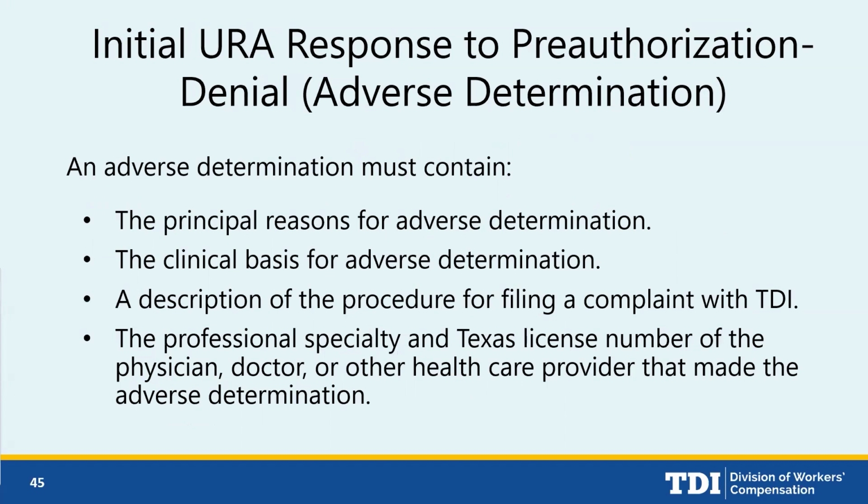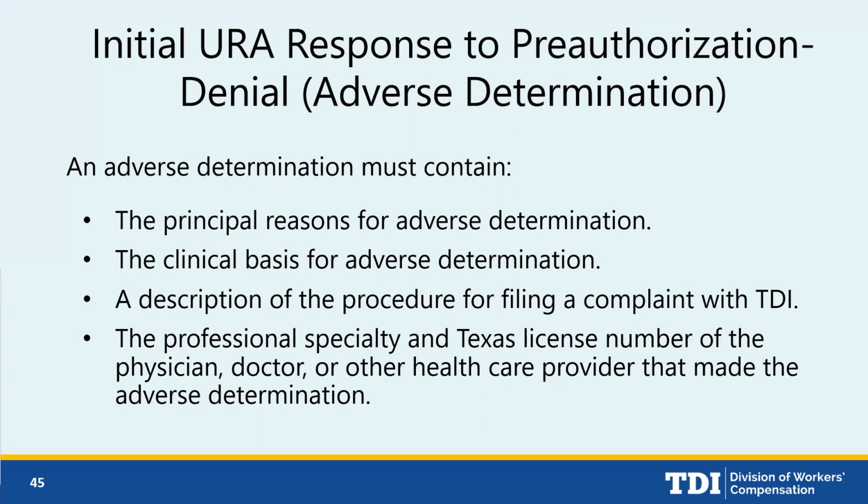When you receive that adverse determination, you should get it in writing. It should have lots of information for you to study and look at and try to digest. So it should have the principal reasons for the adverse determination, a clinical basis for that adverse determination. Your doctor and your pre-auth team need to look at this closely.